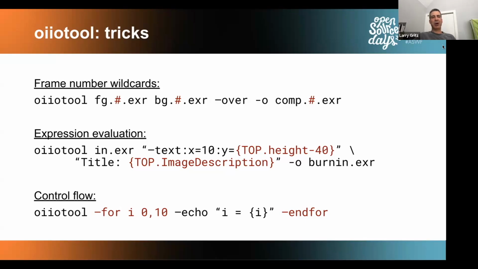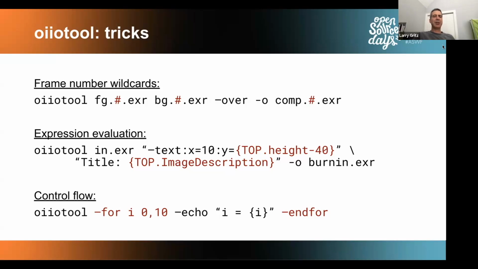In the first example on the slide, it will substitute the same frame number for all of the number signs that get expanded, and it will do it by taking inventory of the files that match those patterns first, deriving from that all of the frame numbers involved in that set, and then executing the command with those frame numbers substituted one at a time.